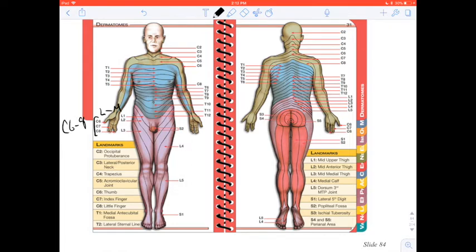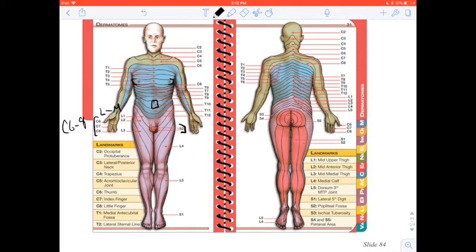So one of the easiest ones is right here at T4, what I'd like to call the nipple dermatome. All right, so T4 is going to be right there along the nipples. T10 is going to be right here at the navel or the belly button, right? And we can fill in the blanks from there. Right? And a few others that we should probably note: S2 is going to be the genitals for male and female, right?